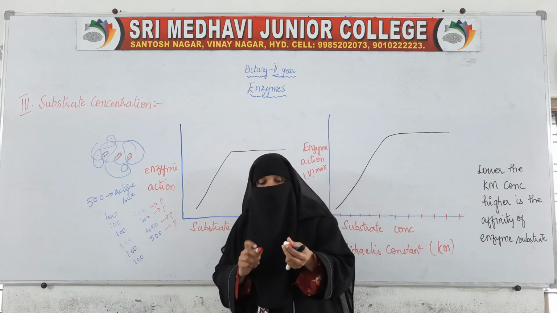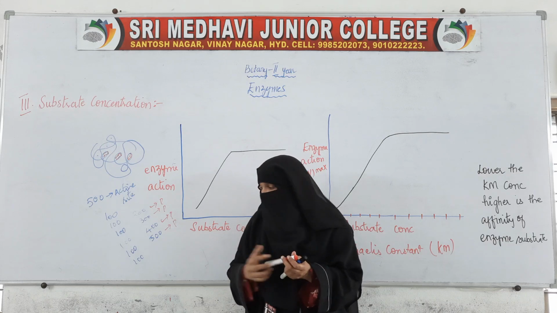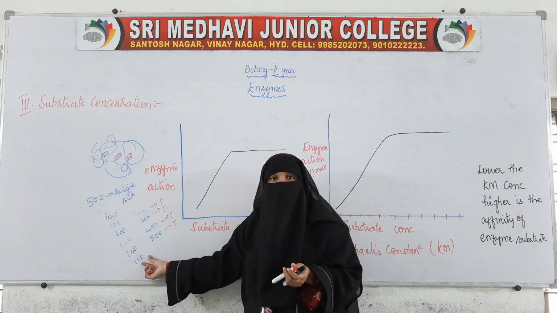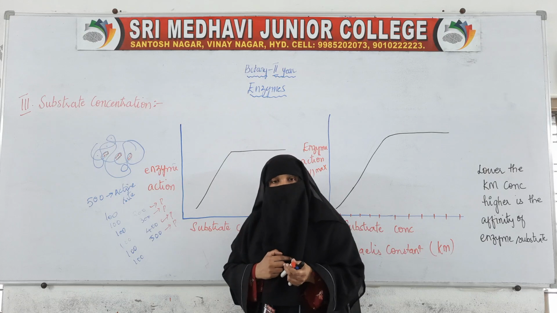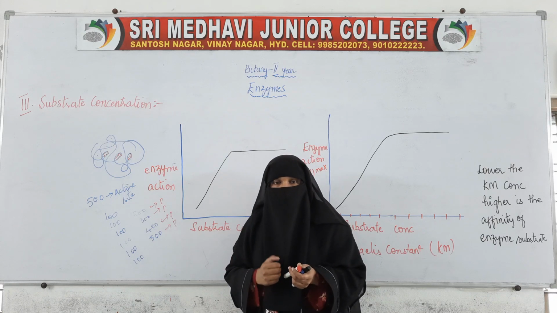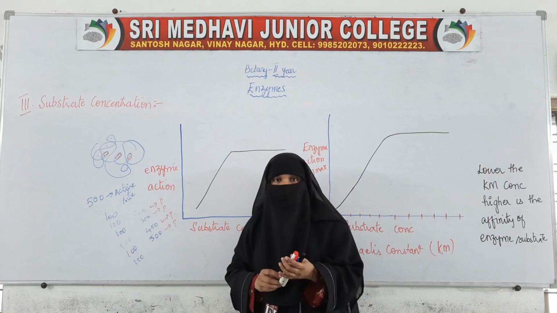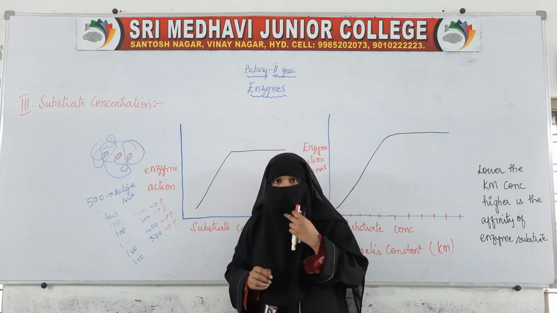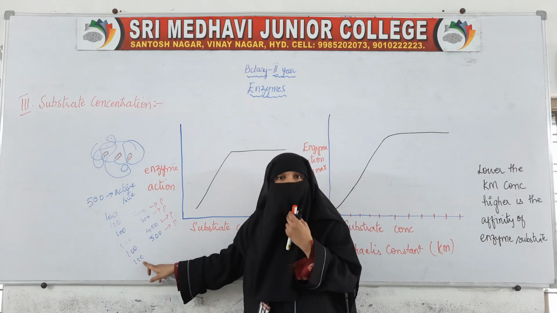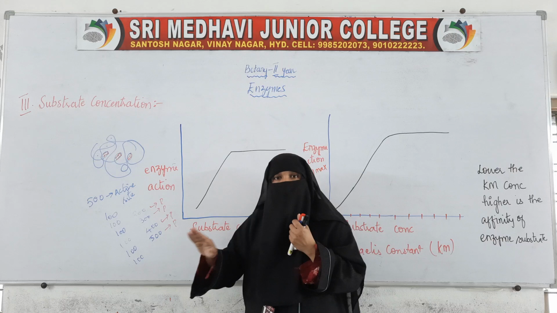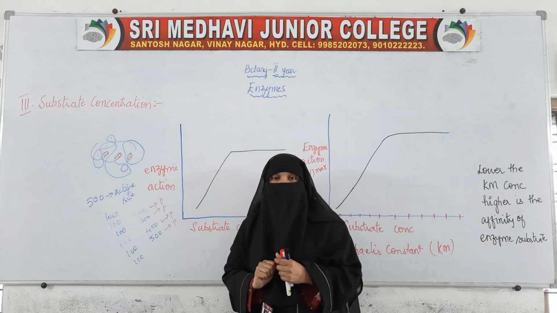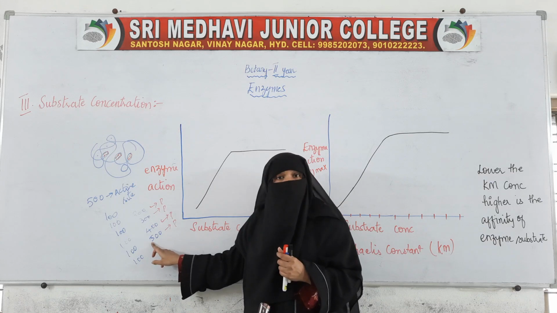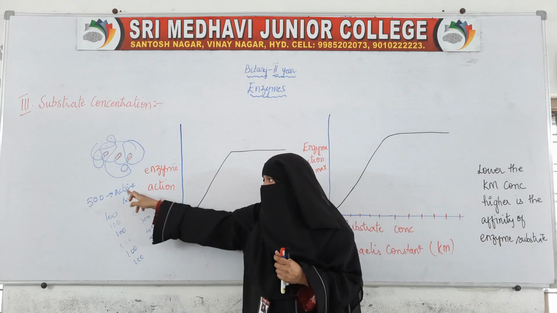But after 500, if I add more substrate molecules, what will happen to the product? Will it increase? Will it decrease? Even if I add 100 more, the product will not be increased, because there were only 500 active sites in the enzyme.